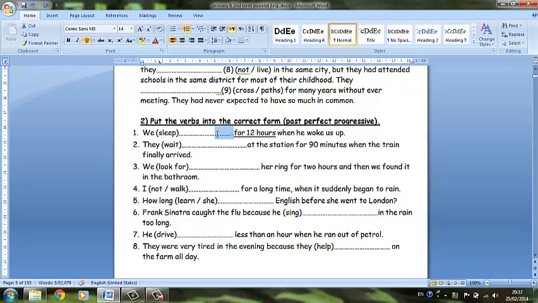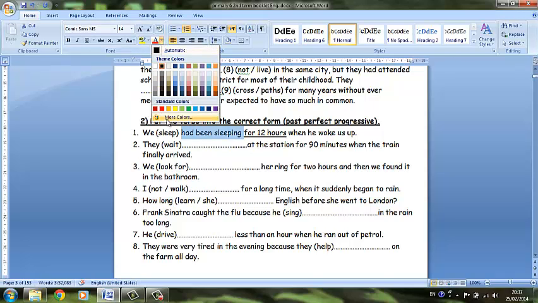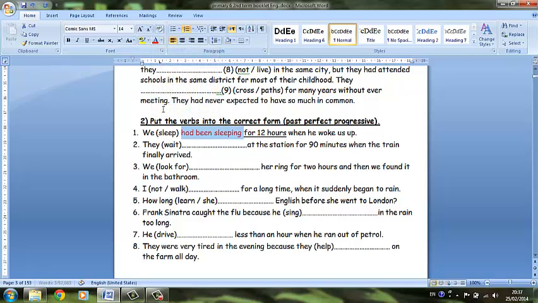We are going to say we had been sleeping. Excellent. We are going to say we had been sleeping. And the rest of the sentences, I think they will be very easy.